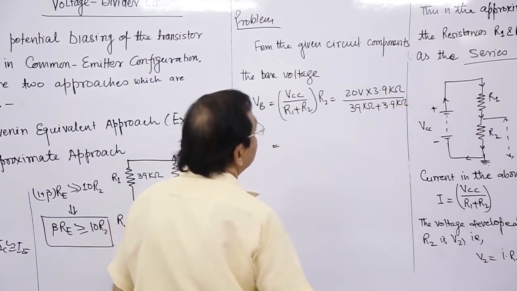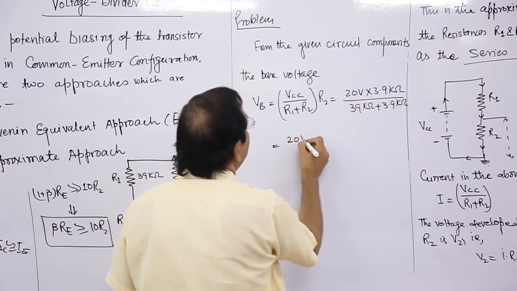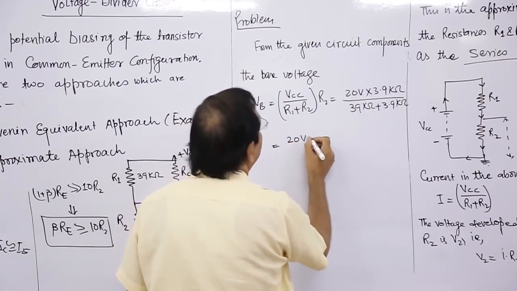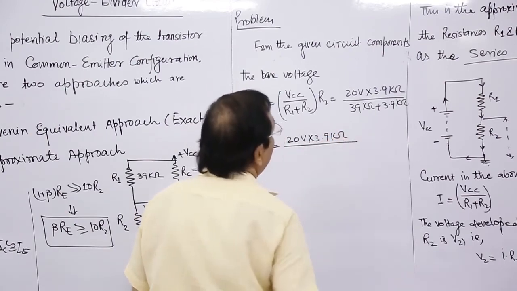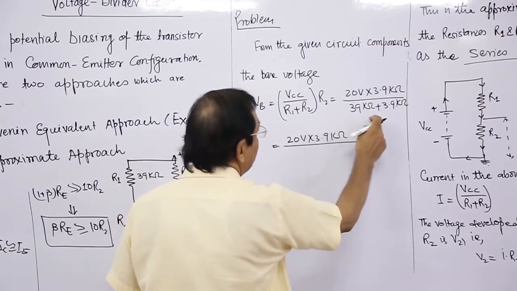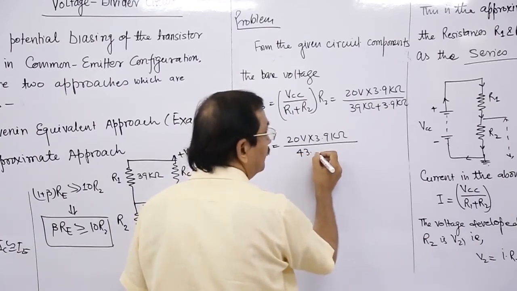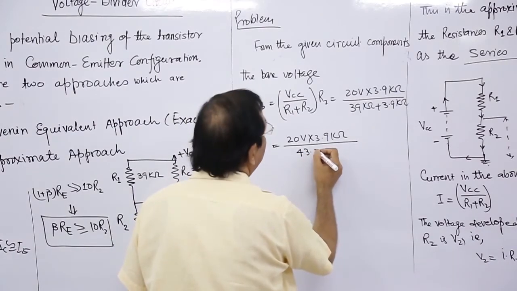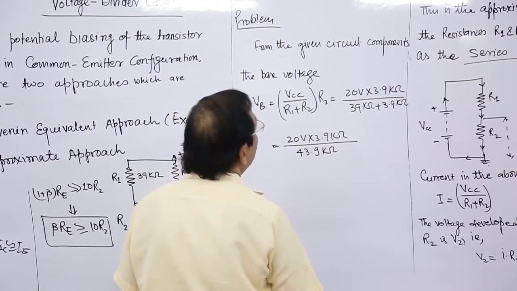So this is 20 volt into 3.9 kilo ohm divided by 43.9 kilo ohm.